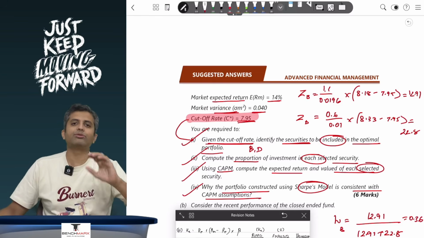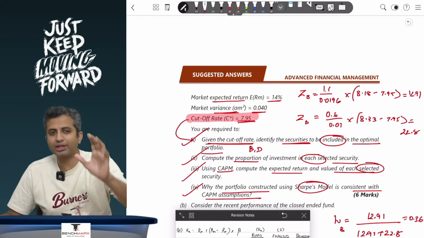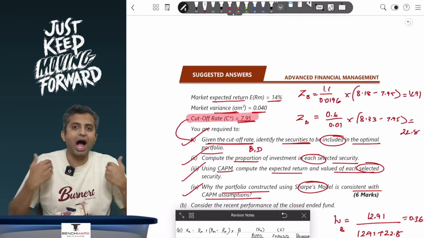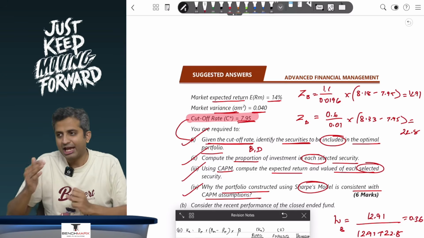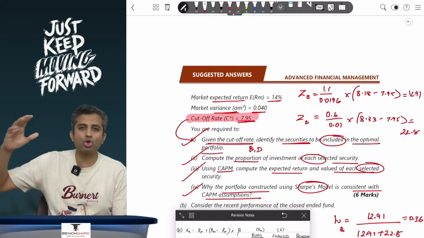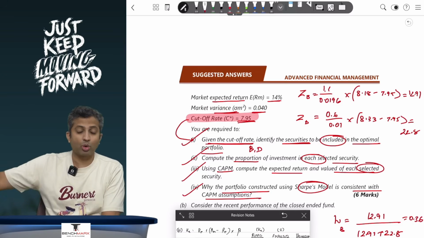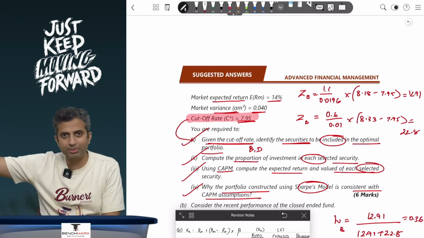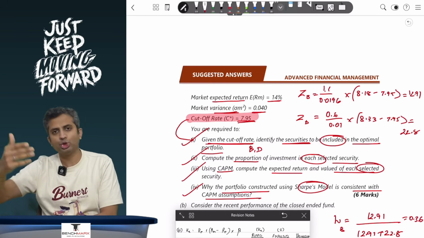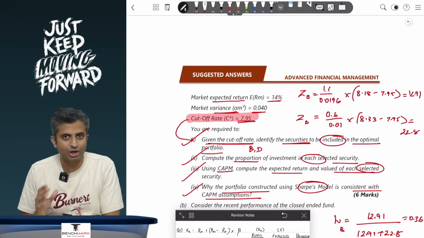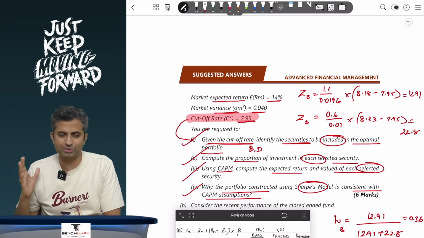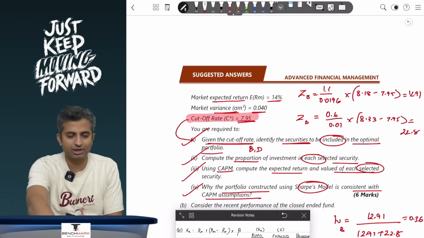Maybe develop slowly a mindset that I can do it, and focus on the process. If you focus on the process, don't take too much pressure on what will come in the exam, what will be my result. Let that job be done by the institute and the examiners. You focus on what you can control, which is your process, and if you do the process properly, you should be able to get your score.